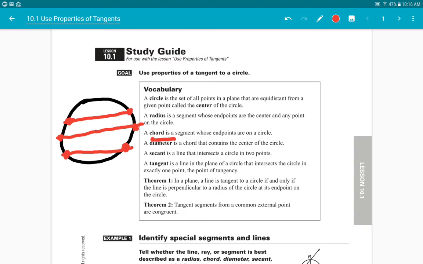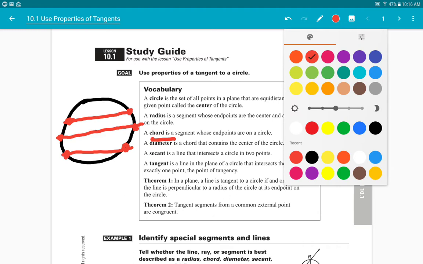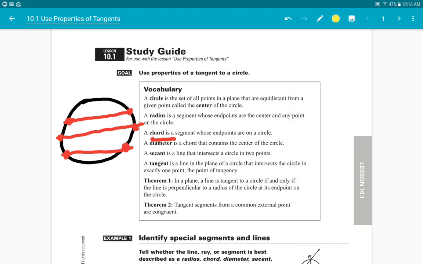Now I do want you to focus on the middle one here. Can you tell me what else is on the center segment here? If you're saying that the center is also on that segment, then you're correct, right? So a diameter is a special type of chord. A diameter is a chord that also contains the center point.